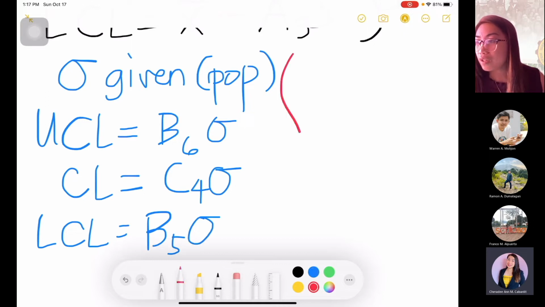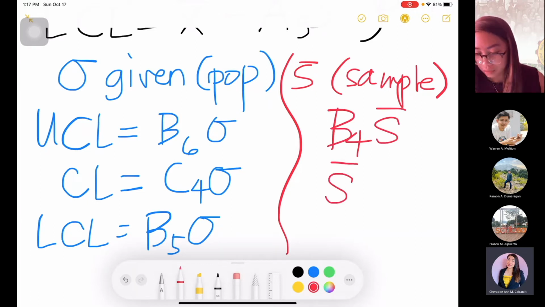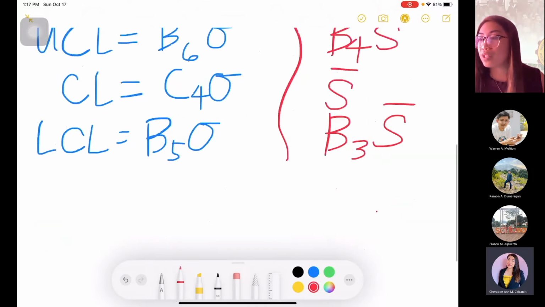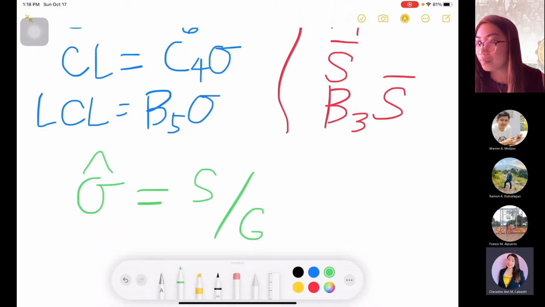However, if the sigma is only an S, meaning it's only a sample, the UCL is B4 bar S, the center line is bar S alone, and the LCL is B3 bar S. And as for your sigma hat here, it is bar S over C4.